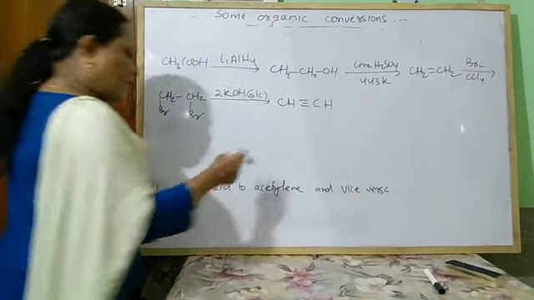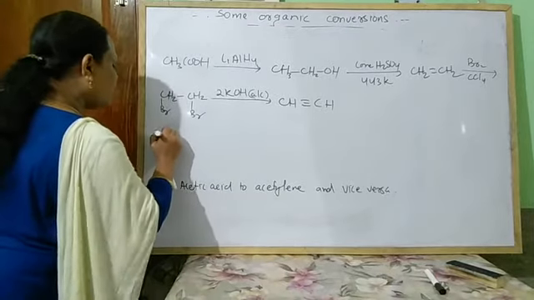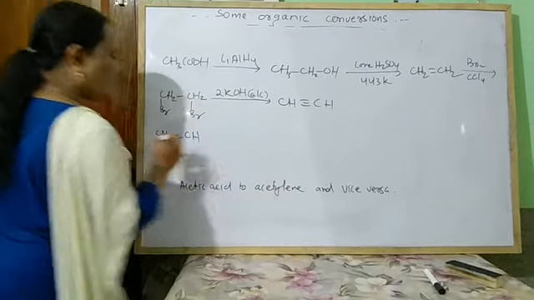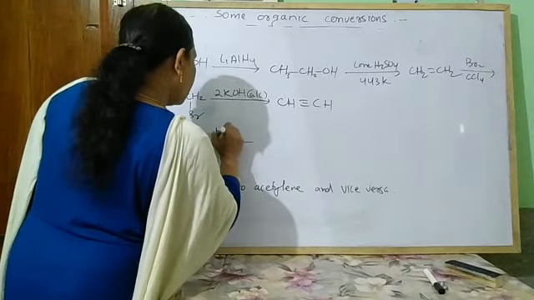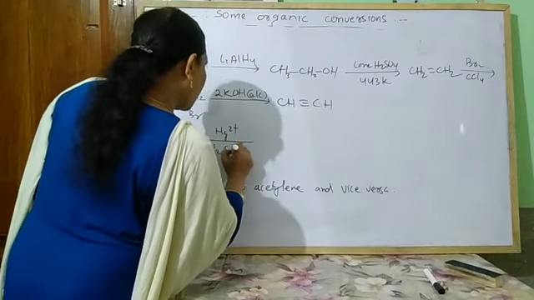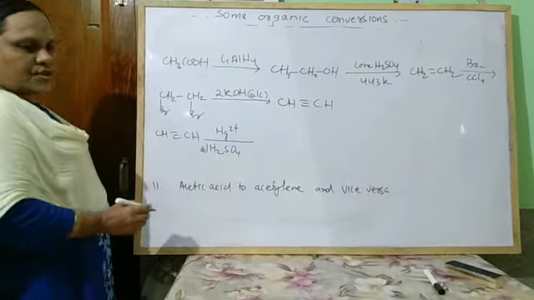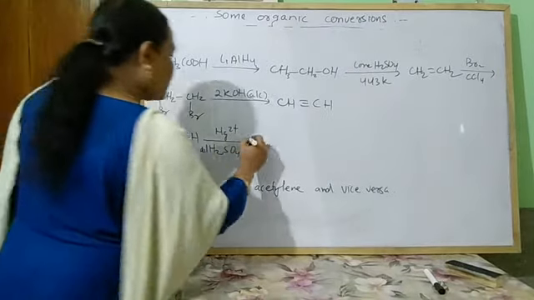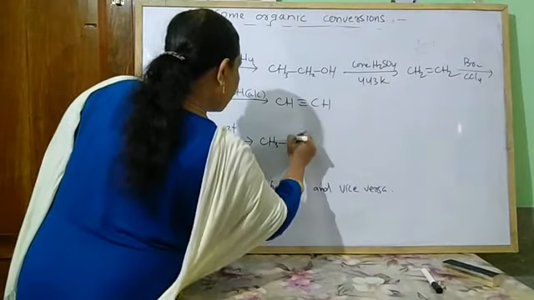Next, acetylene to acetic acid. Look here, this reaction you already know: when acetylene reacts with water in the presence of dilute sulfuric acid and mercuric sulfate, it undergoes hydration to form acetaldehyde.